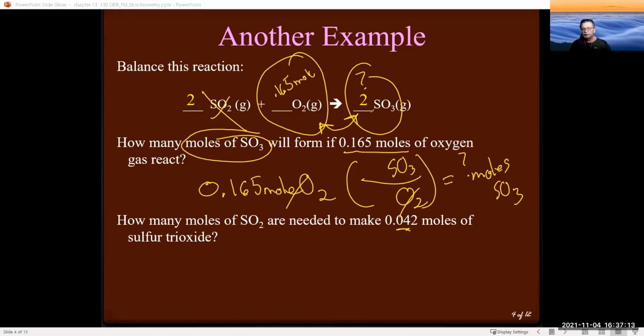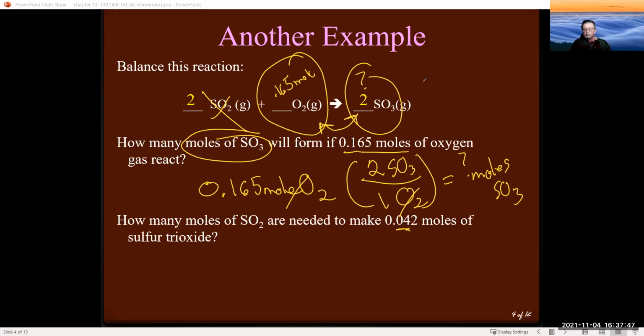We look at the balanced chemical equation: 2 for sulfur trioxide, and for oxygen, 1. Now the units cancel, and we are left with moles of sulfur trioxide. And notice this, hopefully you can pick up on this. We start off with moles of oxygen, and we're being asked to convert that to moles of some other substance, which is sulfur trioxide in this case.